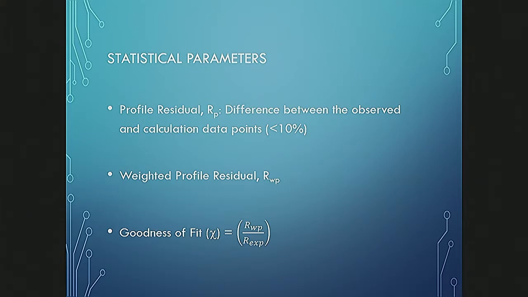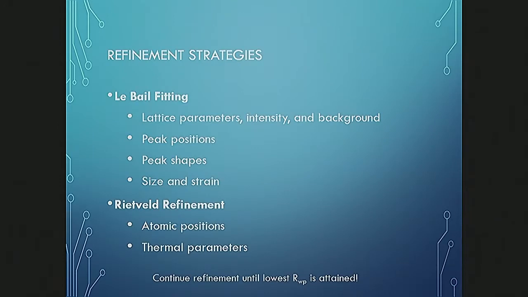And the weighted profile residual, Rwp, is another parameter that does the same thing as the profile residual, but also weighs the higher intensity peak reflections over the lower intensity ones. And the goodness of fit is the Rwp divided by the Rexp, and that's also measured to follow the refinement.